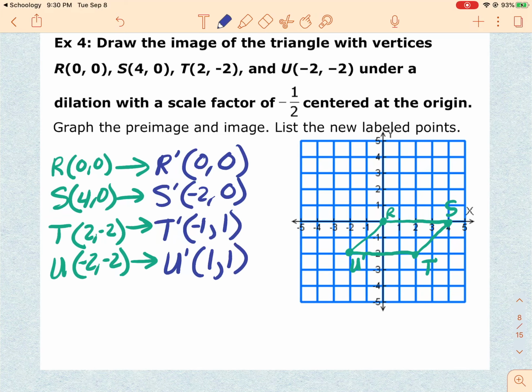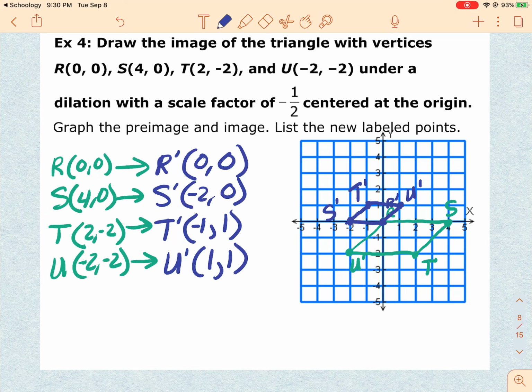And we're getting 1, 1 for that as well. If we go to plot those points, that's where my R prime is, my S prime, -1, 1 is my T prime, and then 1, 1 is my U prime.